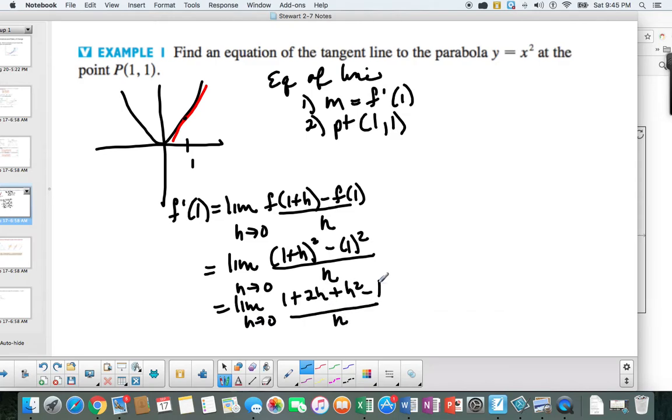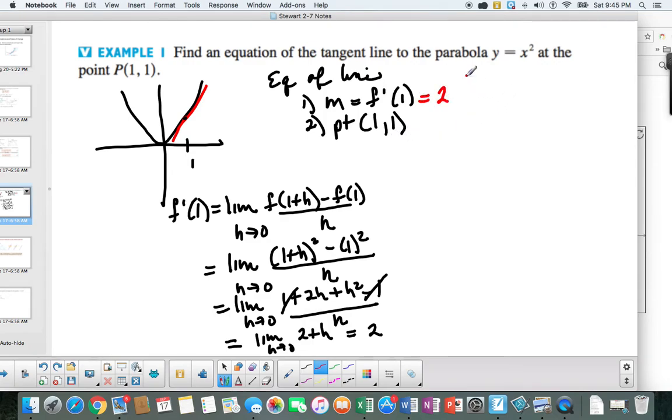The ones are going to cancel, and now I can divide h into both parts, so I'll have the limit as h approaches 0 of 2 plus h, and that limit will be equal to 2. So this tells me that this slope is 2.